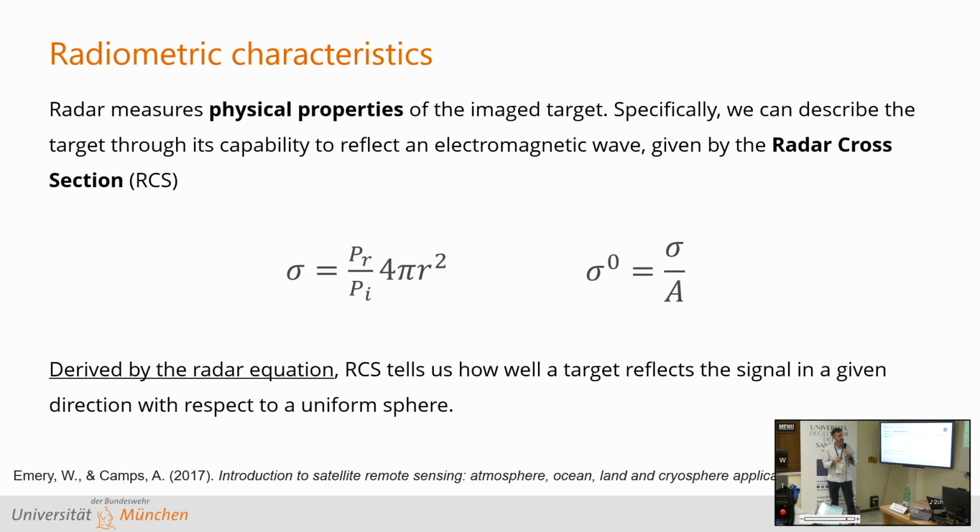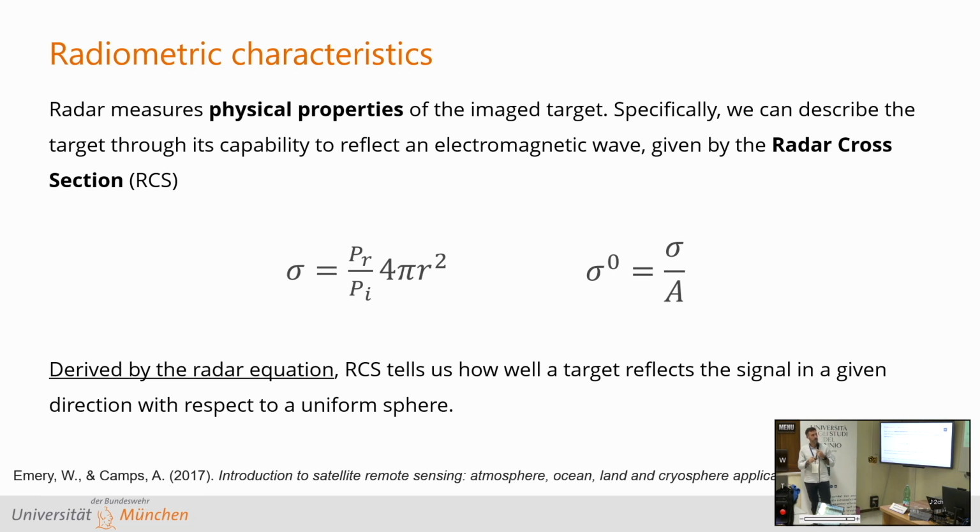So you have this radar cross-section, which is the closest thing to a physical parameter that you can get of your target. The reason is that targets with a different shape, a different dielectric constant, a different roughness, will have a different radar cross-section. So from this parameter, you can actually characterize your target.